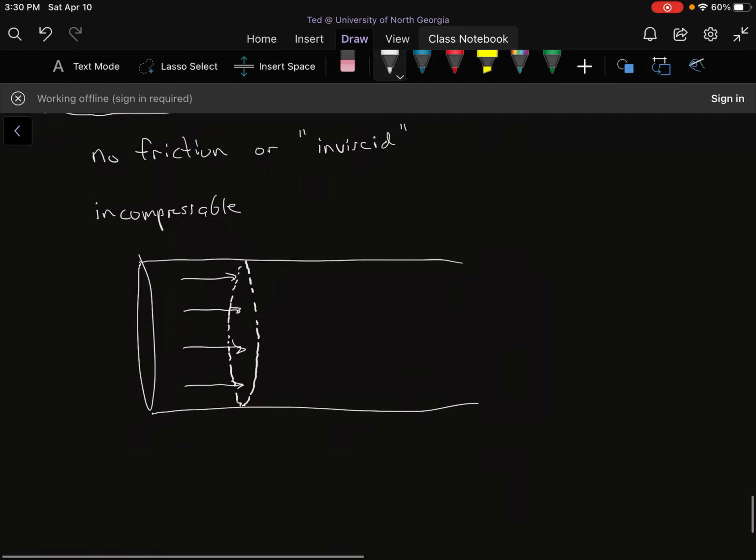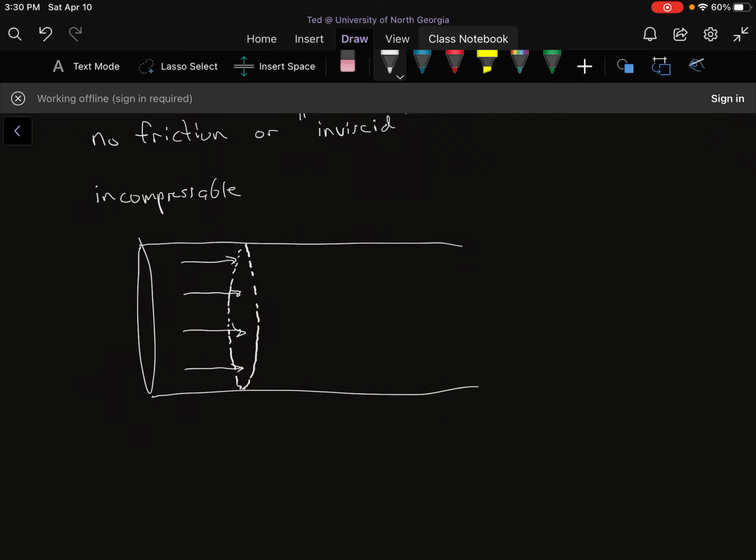And what I want to talk about is something called the flow rate. The symbol for the flow rate is Q, and what it means is it's the volume of water that flows through the pipe in any given amount of time.